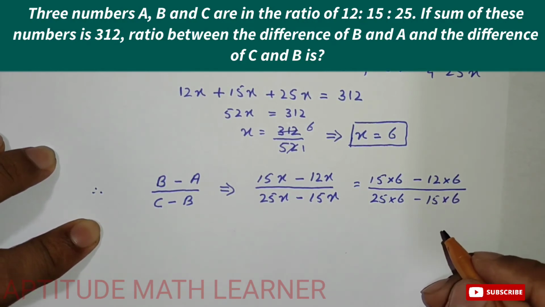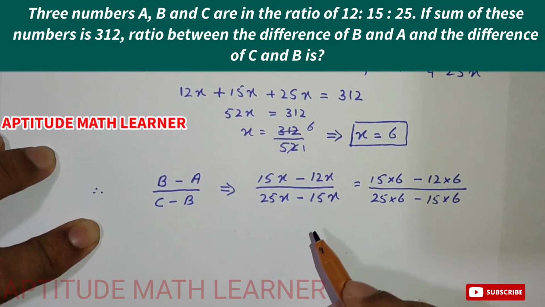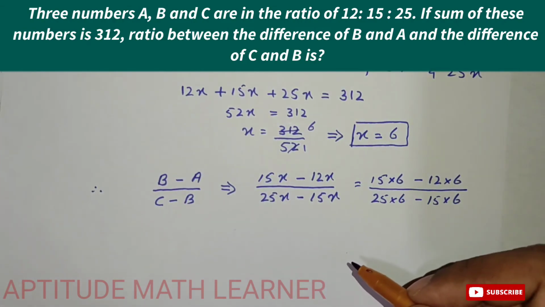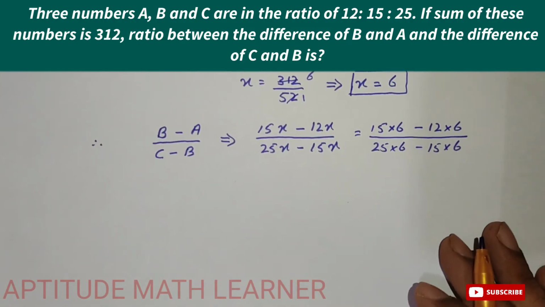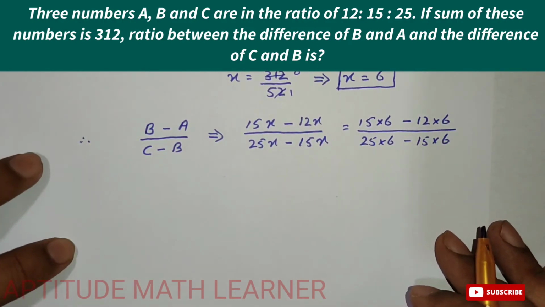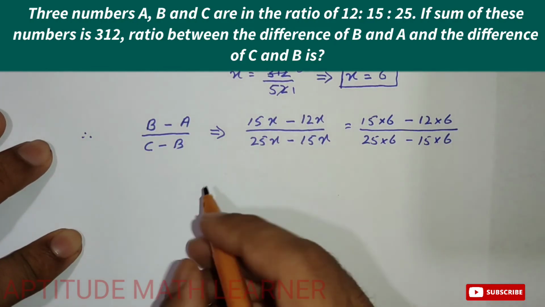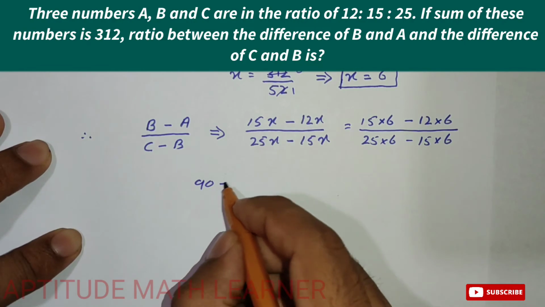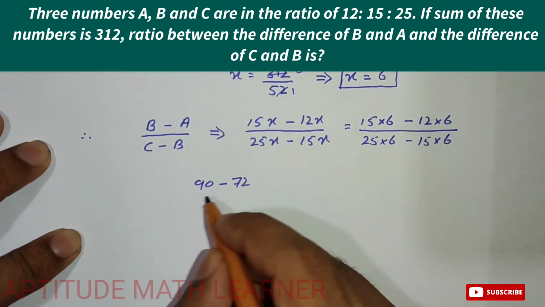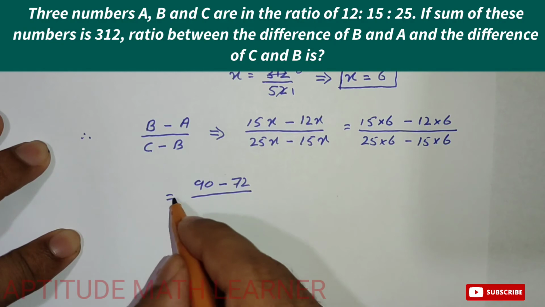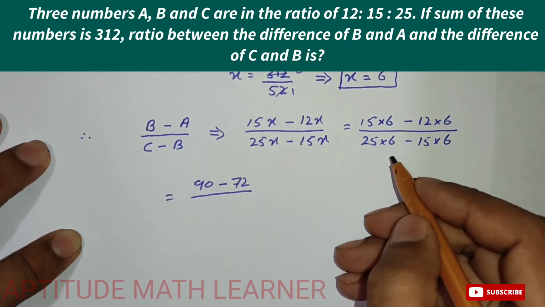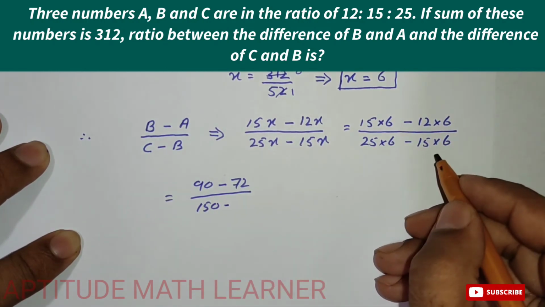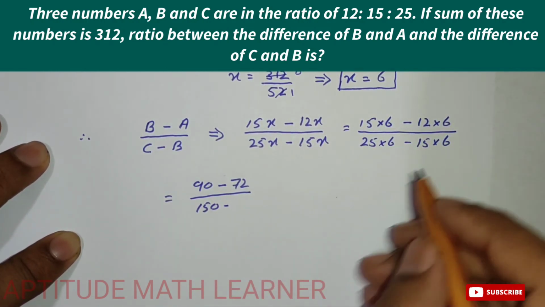So we have just taken out the differences as well as put the value of x. So 15 multiplied by 6, we get the answer 90. So this becomes 90 minus 12 by 6, that is 72, upon 25 multiplied by 6, that is 150, minus 15 multiplied by 6, that is 90.